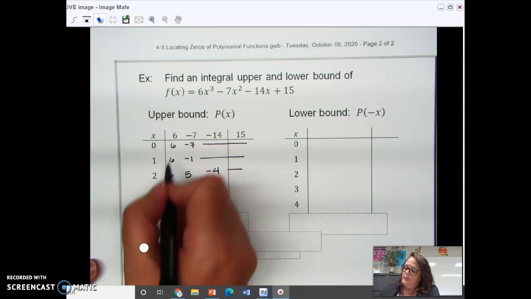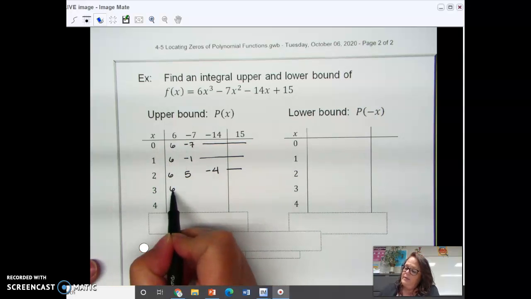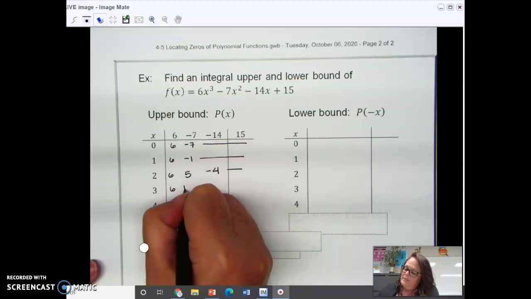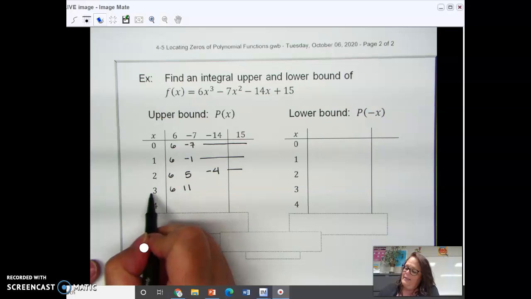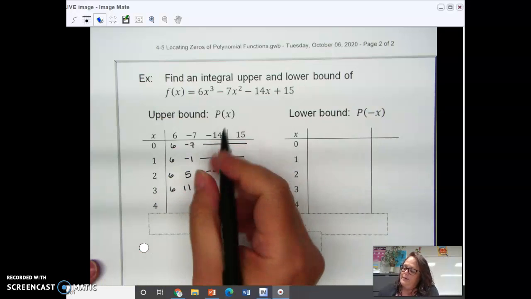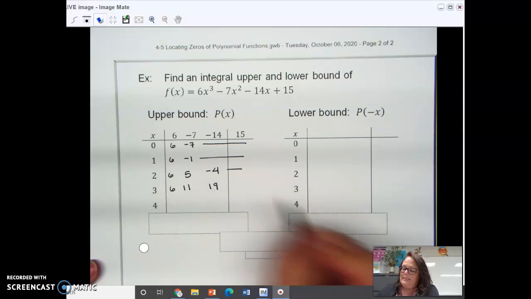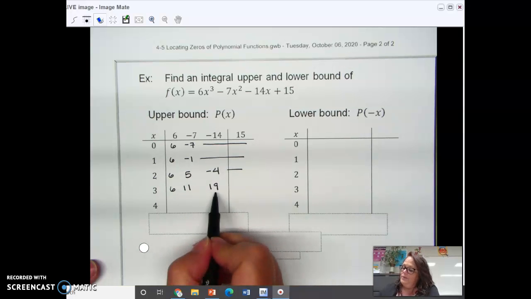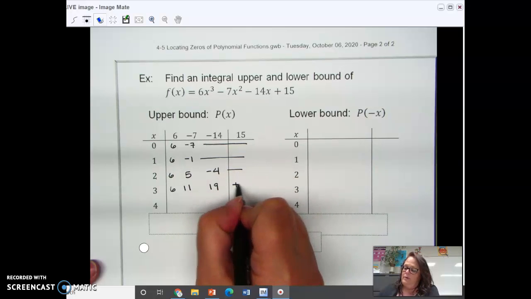So then I'm going to try 3. I'm going to drop the 6. 3 times 6 is 18, and 18 plus negative 7 is 11. Then 3 times 11 is 33, and 33 and negative 14 make 19. Then 3 times 19, correct me if I'm wrong, I believe is 57. But the big news is it's a big positive number plus a positive number, and we get a positive number.